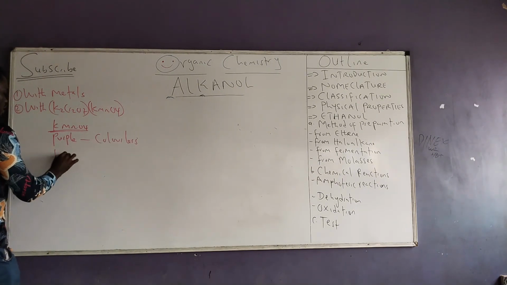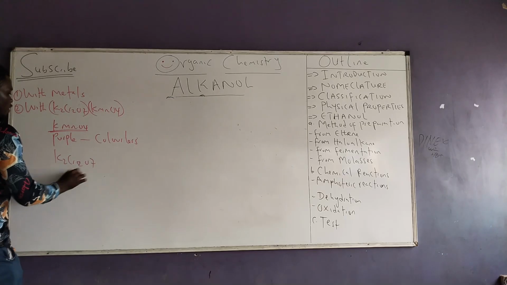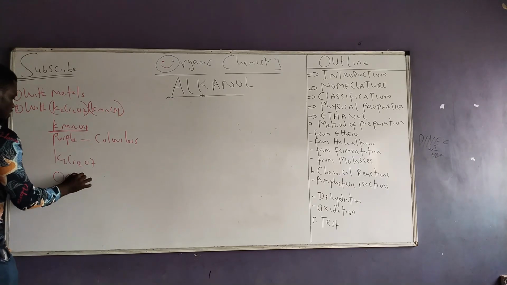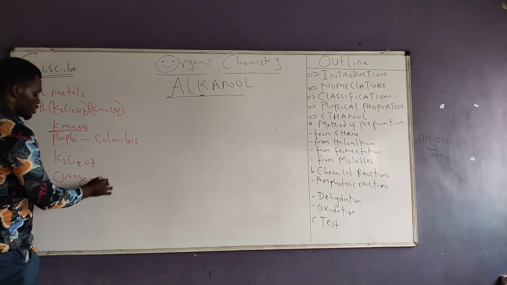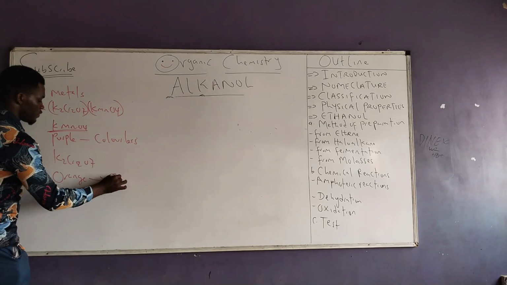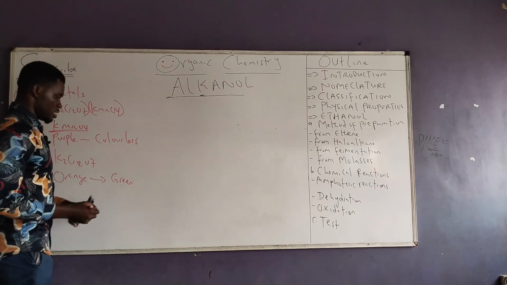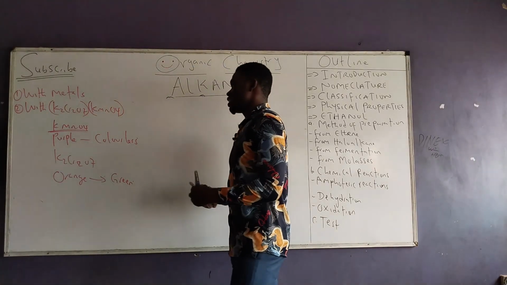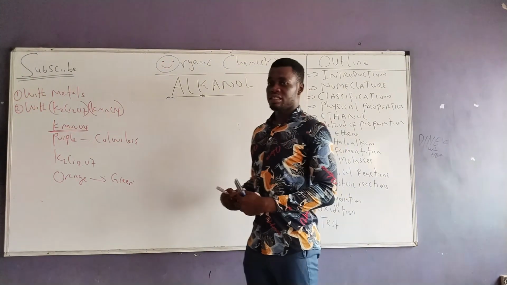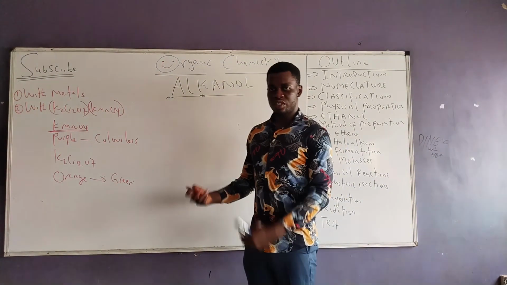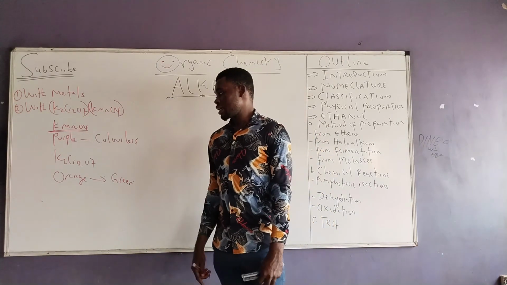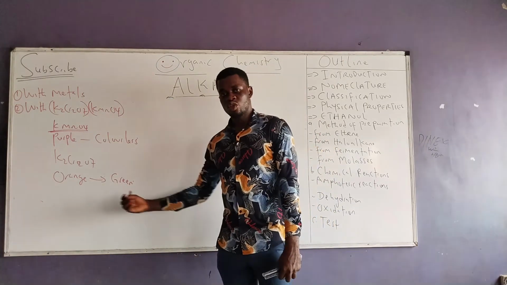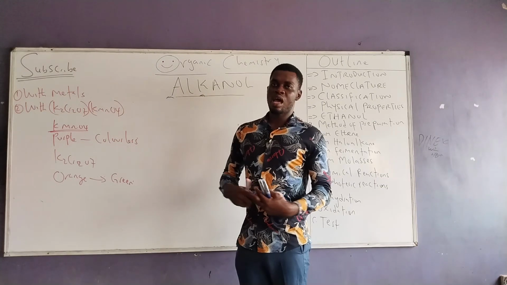For K2Cr2O7, the normal color is orange, but after oxidation occurs, it will be converted from orange to green. So for KMnO4, if the color changes from purple to colorless, it shows that oxidation has occurred. With K2Cr2O7, it is from orange to green, also showing that oxidation has occurred.